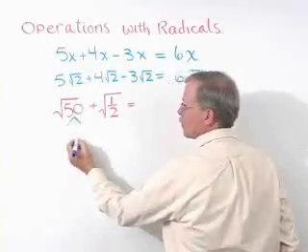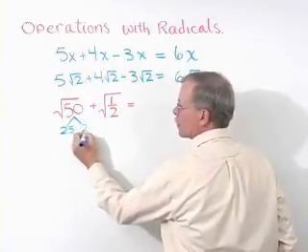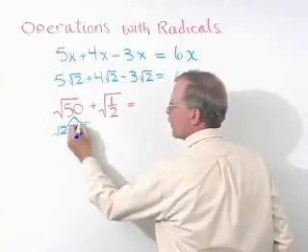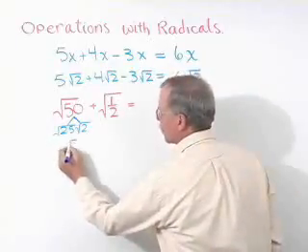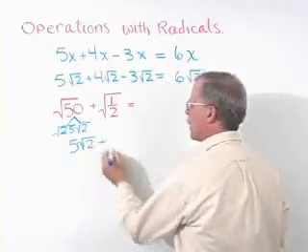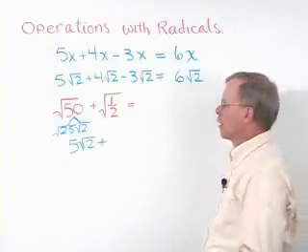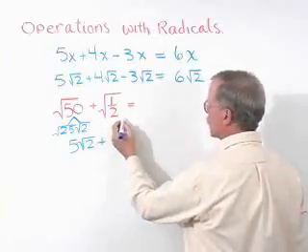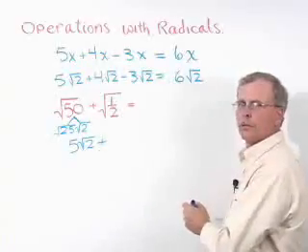The square root of 50 is 25 times 2, so it's the square root of 25 times the square root of 2. That would make it 5 times the square root of 2. We want to add that to the square root of 1/2. Well, the square root of 1/2 is the square root of 1 over the square root of 2.